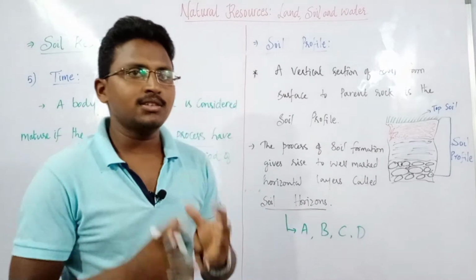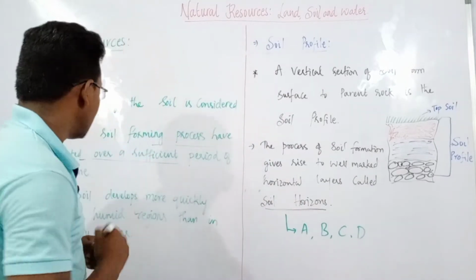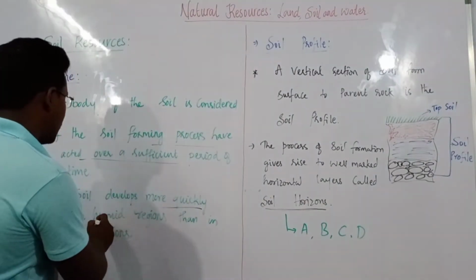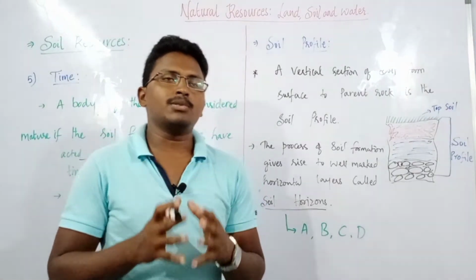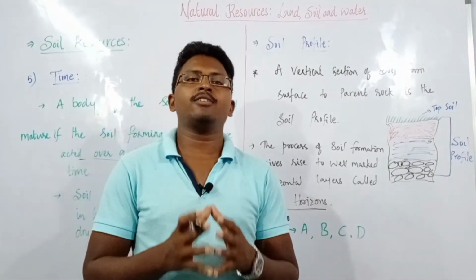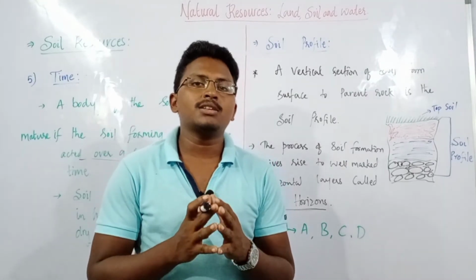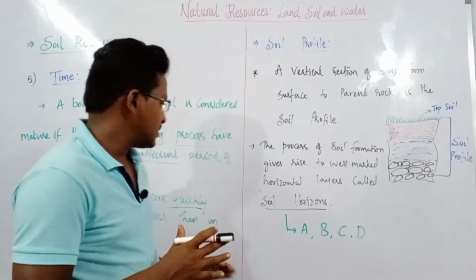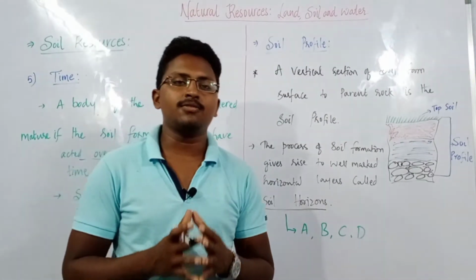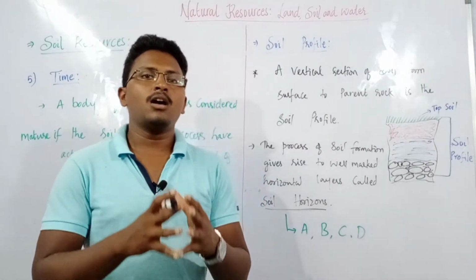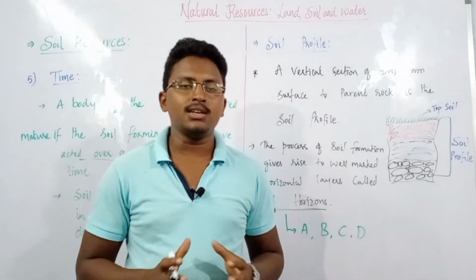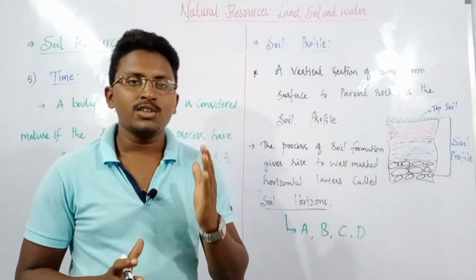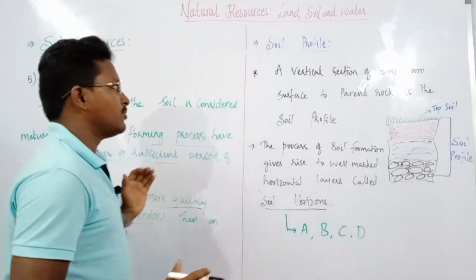And where the soil mainly develops is that soil develops more quickly in humid regions than in dry regions. That means wherever the temperatures are humid and there is more rainfall, there the soil formation is much quicker compared to dry regions. Dry regions, for example, are desert areas or wherever the temperatures are high with less rainfall; in those regions the soil formation is much slower compared to humid regions.